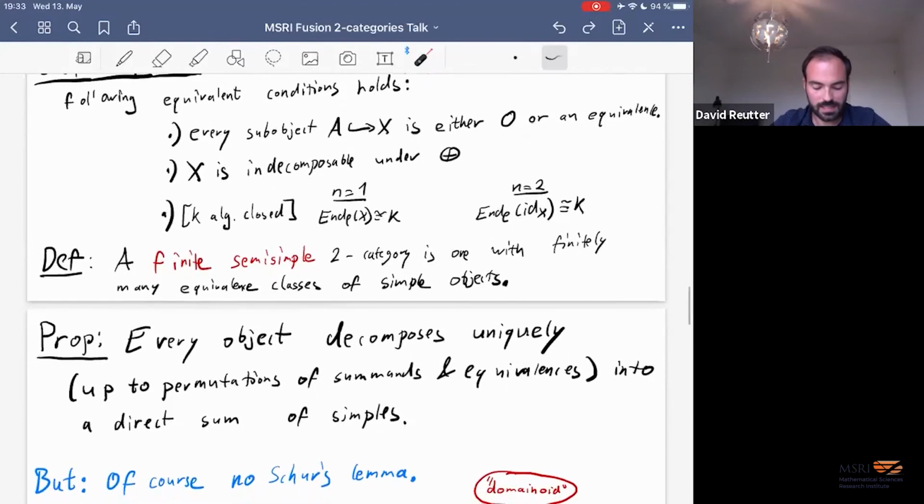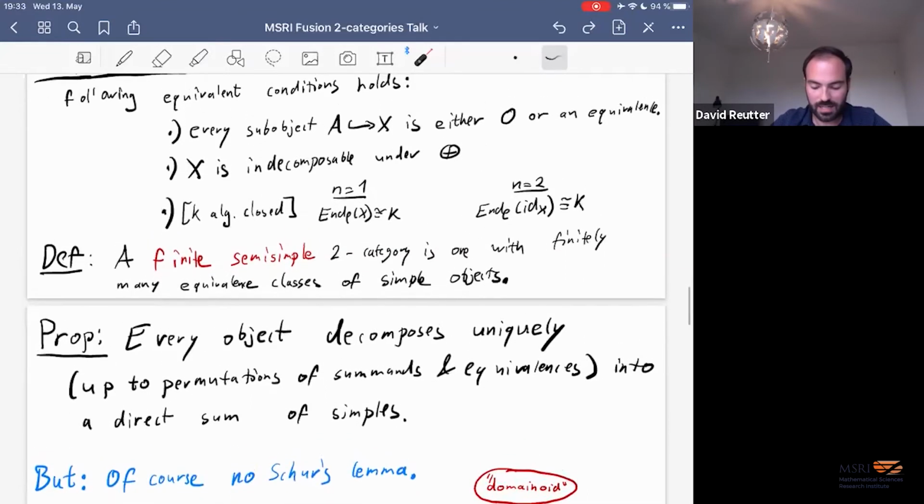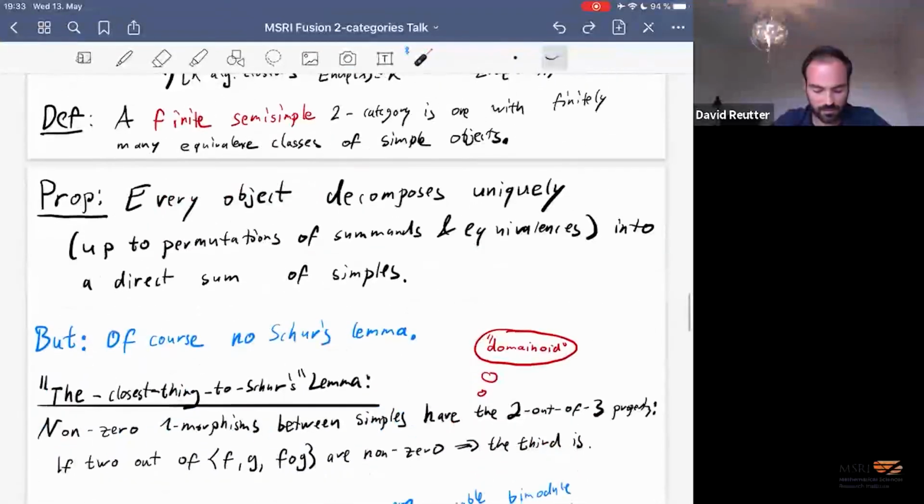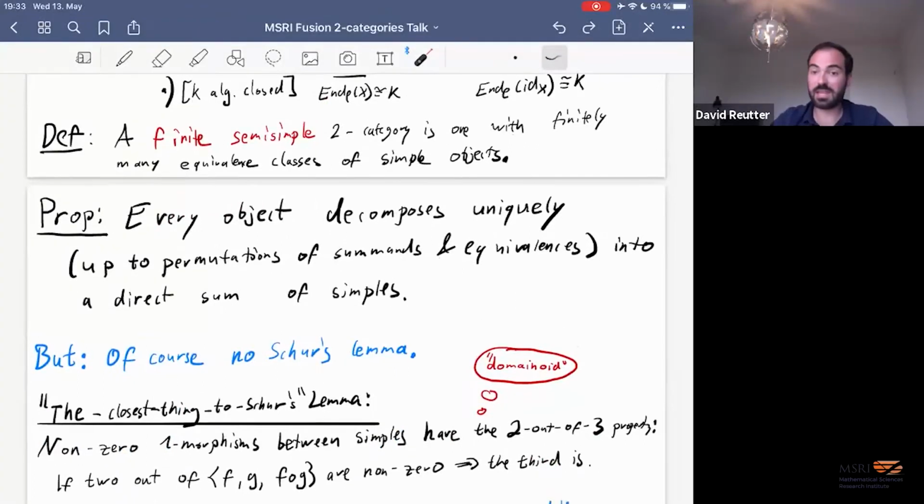So let's see what we get if we try to get something which is as close to Schur's lemma as possible in this setting. So I just call it the closest thing to Schur's lemma. And the reason this happens is, of course, what Aaron said in his comment, that we just have linearity at the top level.